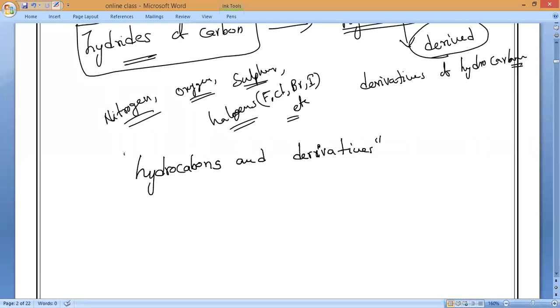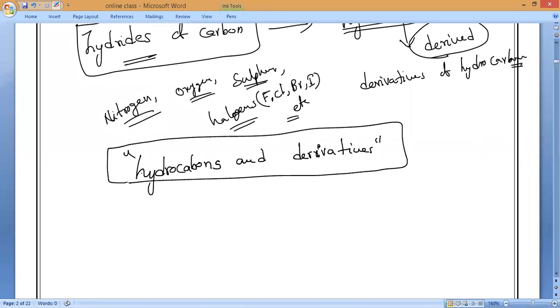That is why we say organic chemistry is the branch of chemistry which deals with hydrocarbons and their derivatives. So that is what you have to remember, this is what we call organic compounds.